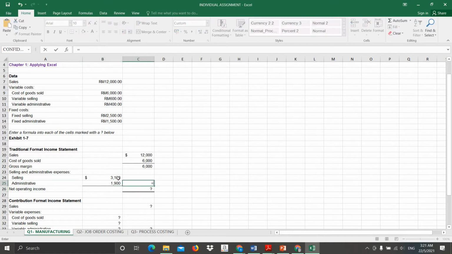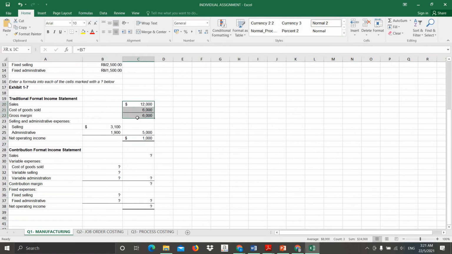So next we add both selling and administrative to get the total expenses. And to calculate net operating income, we need to minus gross margin with selling and administrative expenses.